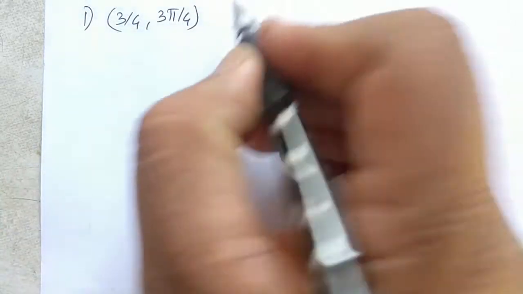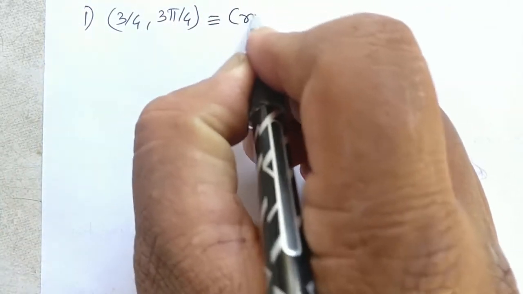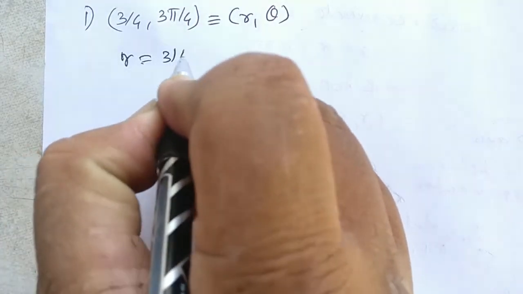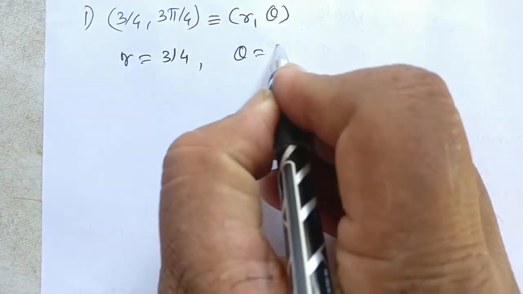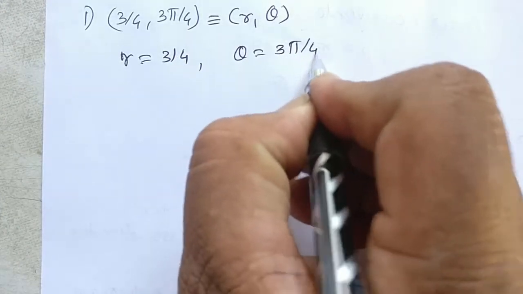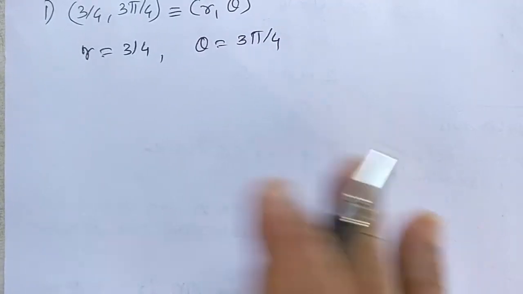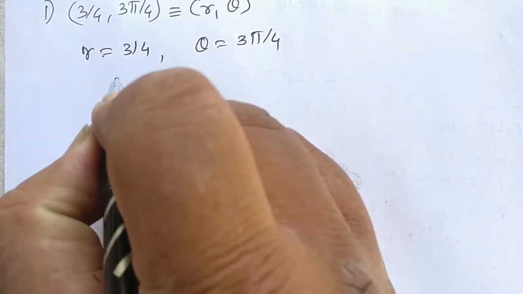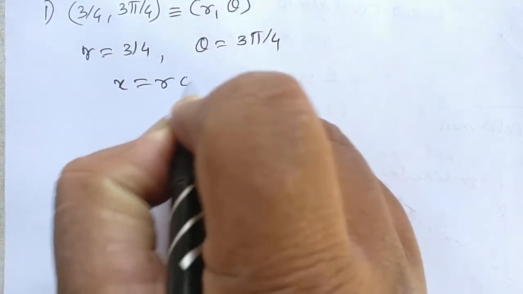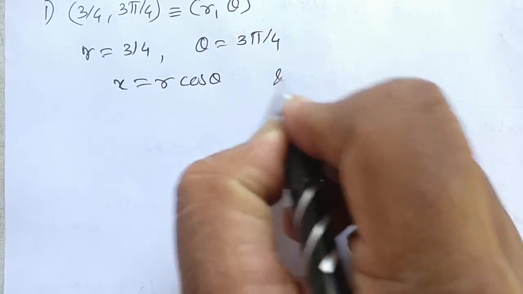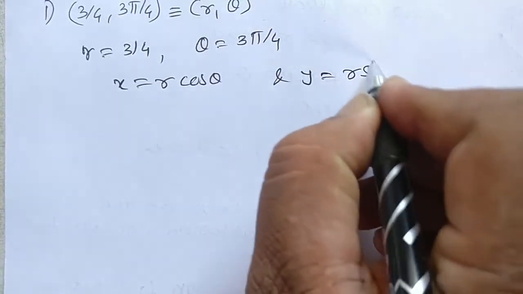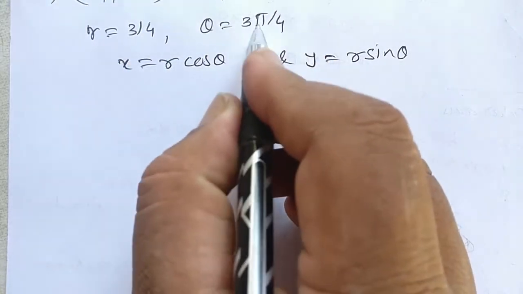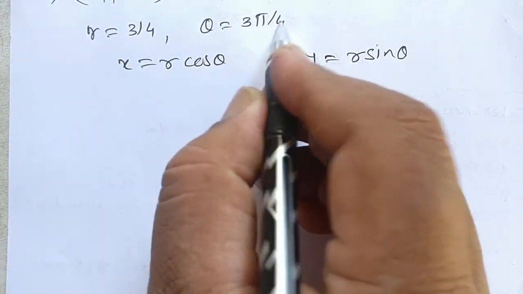Here it is polar coordinates, so this is r, theta, where r is equal to 3 by 4 and theta is equal to 3 pi by 4. We know the relation between polar coordinates and Cartesian coordinates. Here x is equal to r cos theta and y is equal to r sin theta. r is 3 by 4 and theta is 3 pi by 4.